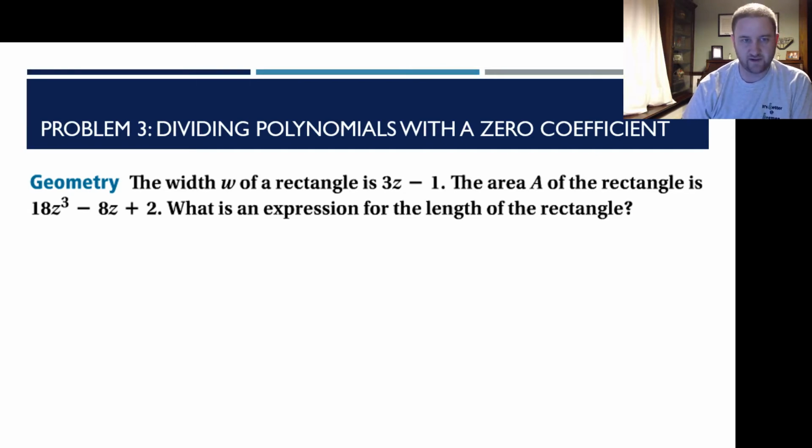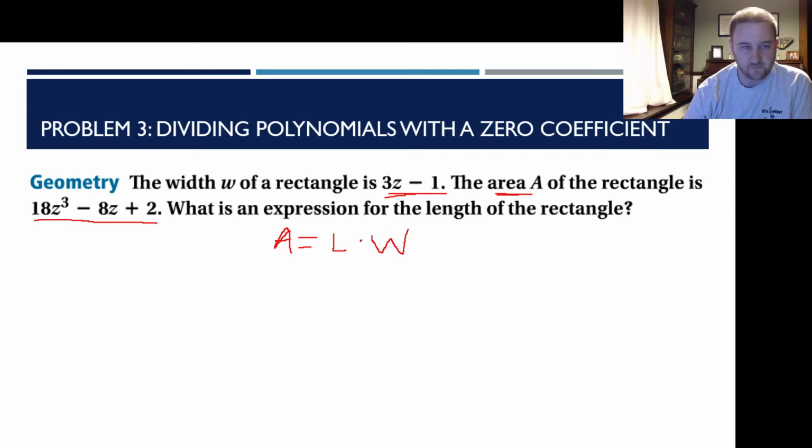So the width W of a rectangle is 3z minus 1. The area A of the rectangle is 18z cubed minus 8z plus 2. It says, what's the expression for the length of the rectangle? Well, first we need to remember the formula for the area of a rectangle. We should remember that area is equal to length times width.